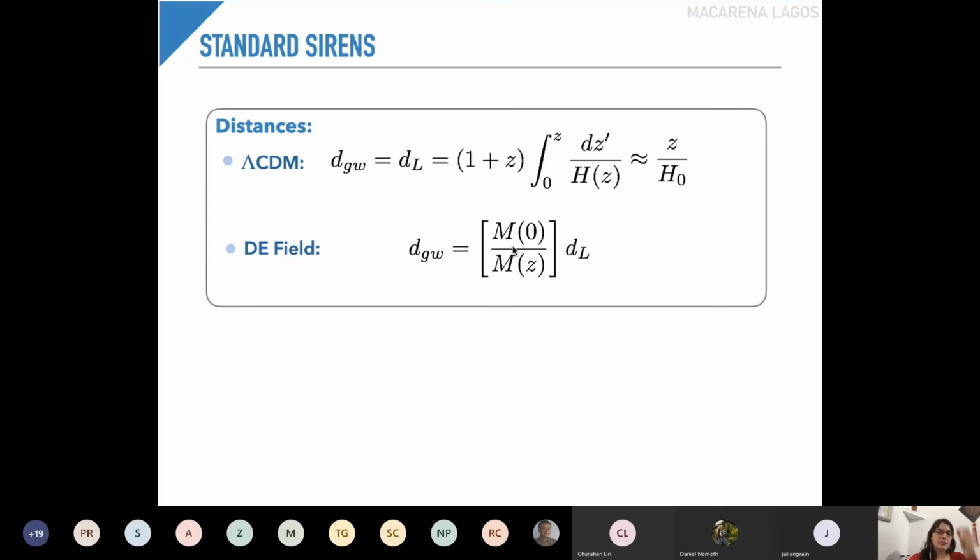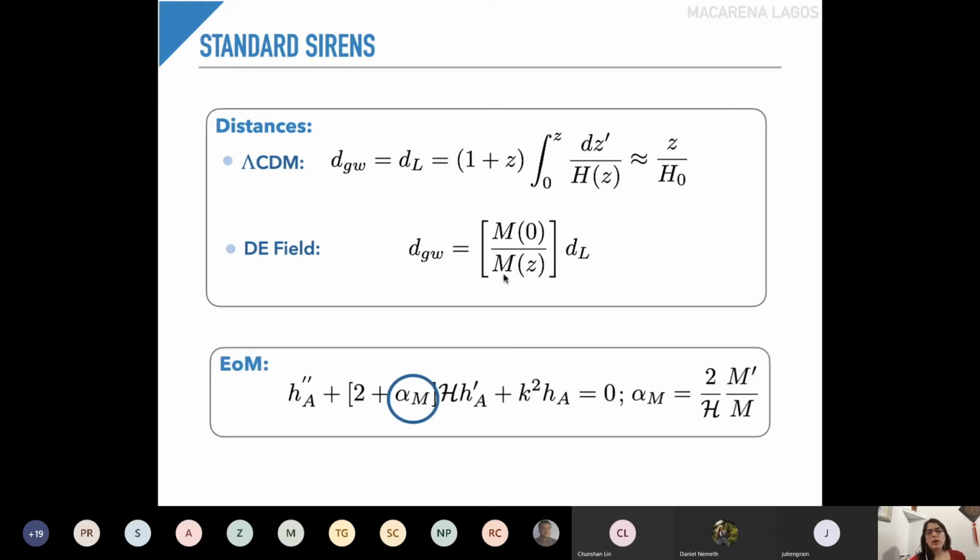It is the Planck mass, and this ratio is equal to 1. So you recover that the gravitational wave distance is the luminosity distance. But in general, in these dynamical dark energy models or modified LCDM models, M could evolve in time. So the gravitational wave distance actually will encode information about how M is evolving in time, and therefore will encode information about the behavior of dark energy and how dark energy interacts with gravity.